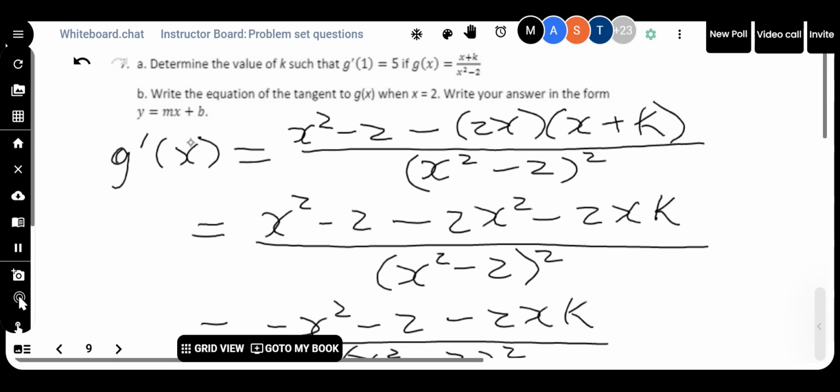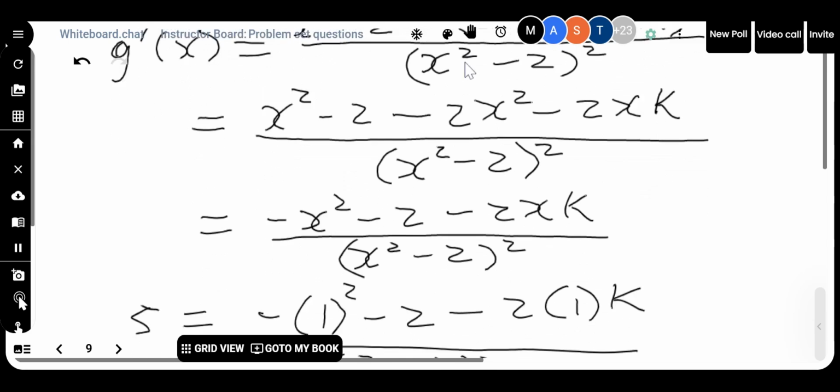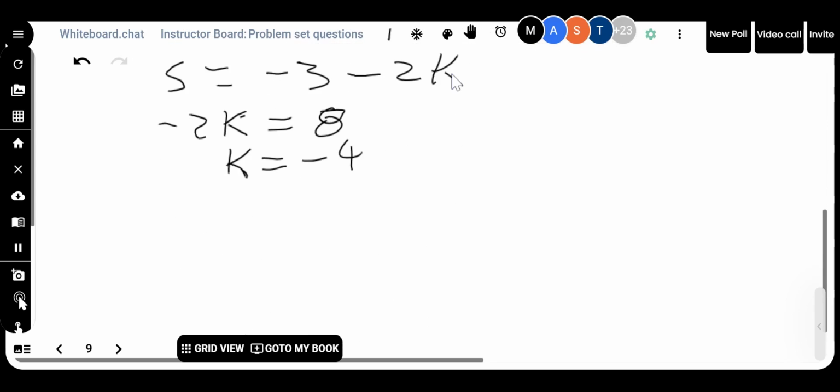Write your answer in the form y equals mx plus b. I don't think I should need to go any further with that, because this is a typical kind of question where you can now write the equation. Here's the original equation, y equals x minus 4, right?